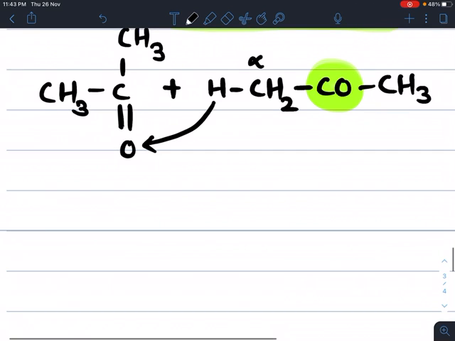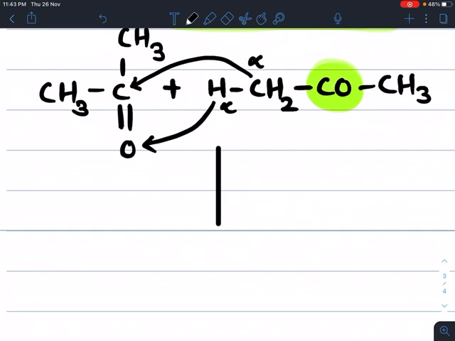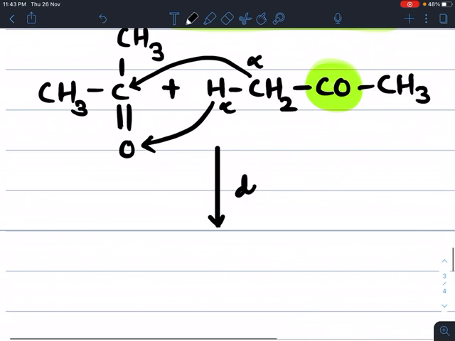The hydrogen attached to this alpha carbon is the alpha hydrogen, and it adds to the carbonyl oxygen while the alpha carbon adds to the carbonyl carbon. This addition takes place in the presence of dilute alkali like dilute NaOH.